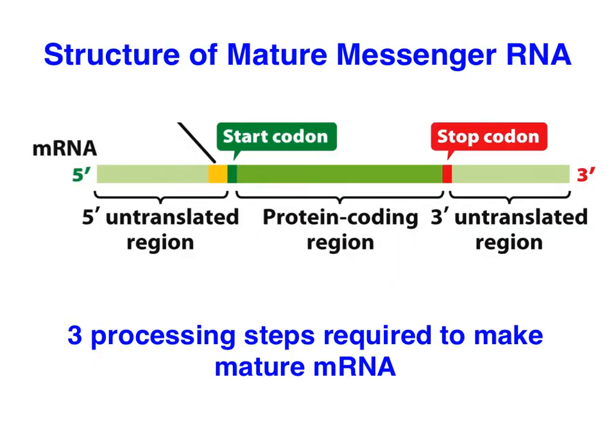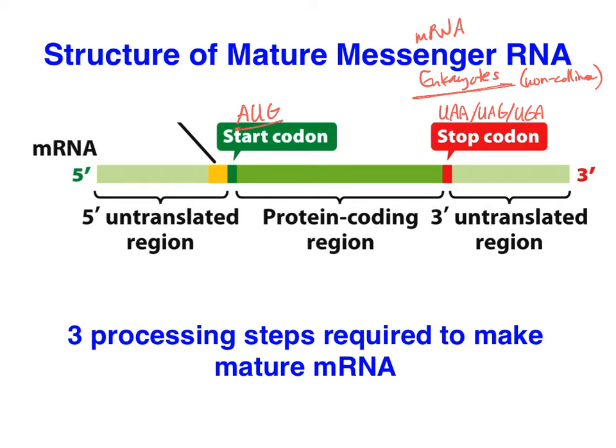Let's start by thinking about the structure of a mature messenger RNA, or mRNA, in eukaryotes. So what we're going to be talking about for the rest of today will be true for eukaryotes, as these are the ones with the non-collinear RNA and DNA. Our mature messenger RNA has a protein coding region with an AUG, and a UAA, or UAG, or UGA for a stop codon.